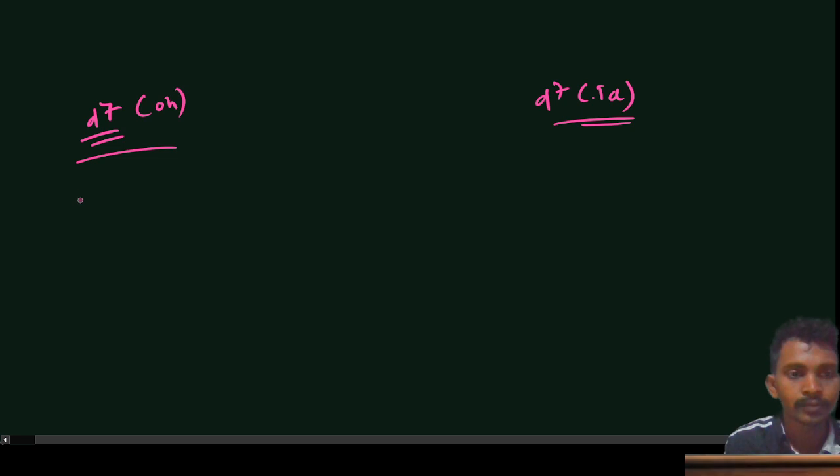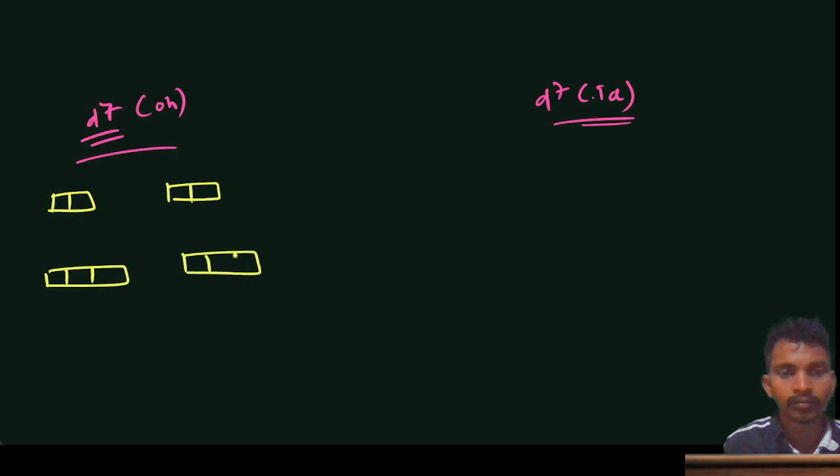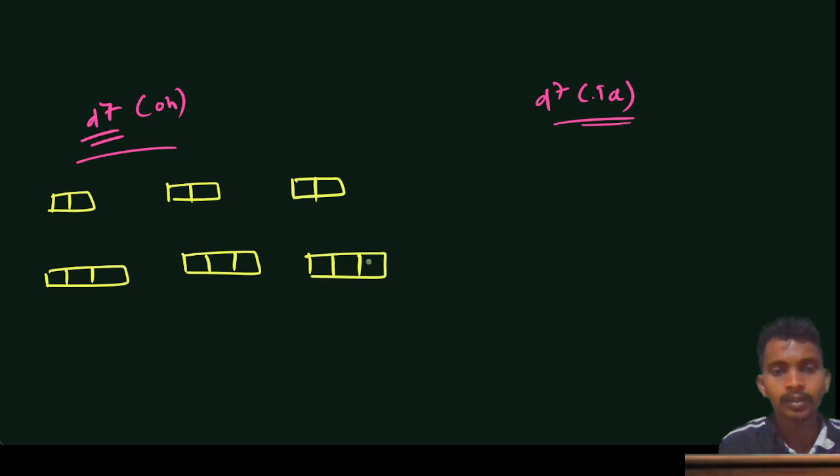So let's do one, we have calculated a lot. Here two transitions happen, that's why I'm drawing this set of diagrams here.